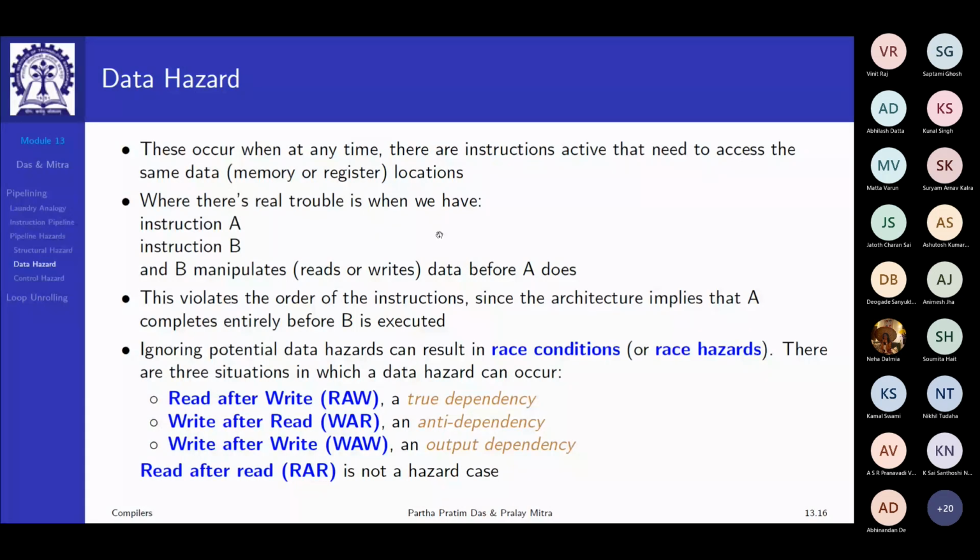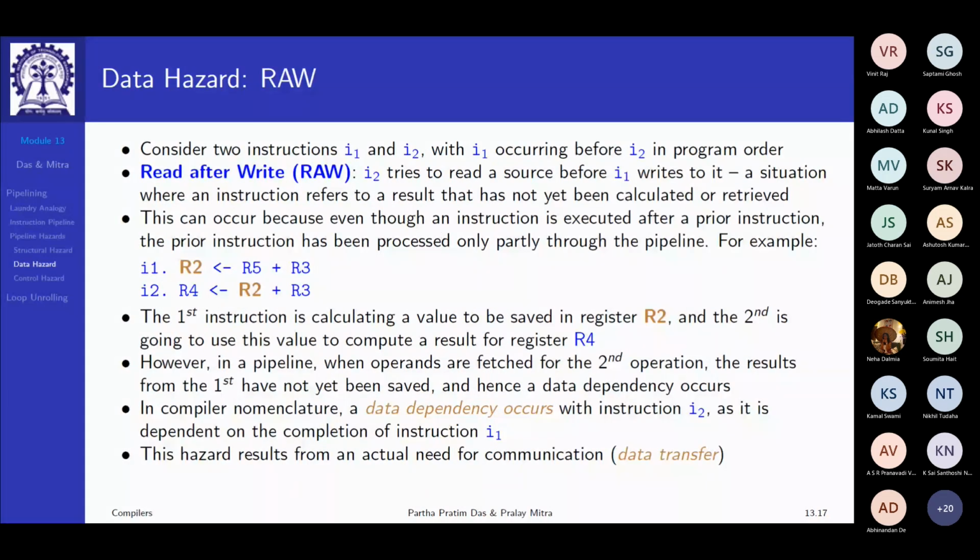So let us look into these hazards one by one. Let us look at read after write. We have 2 instructions, I1 and I2. I've written it in generic form: R5 plus R3 are added and written to R2.